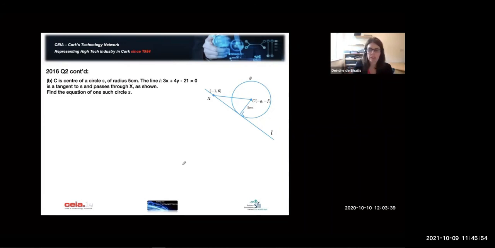Now find the equation of one such circle. Well, straight away, I suppose we know if it's tangent, then we have this right angle triangle here that could be useful to us. There's our right angle. We know this distance.